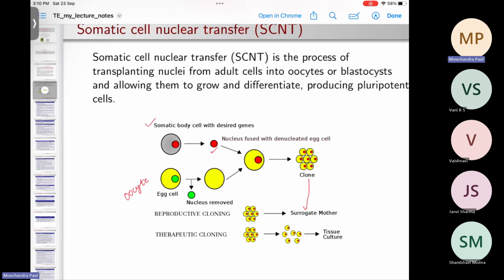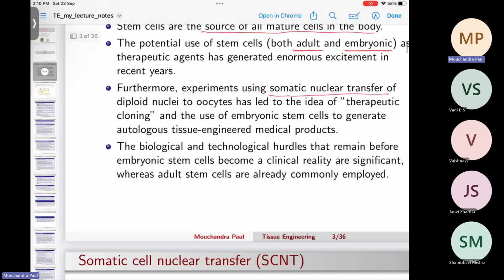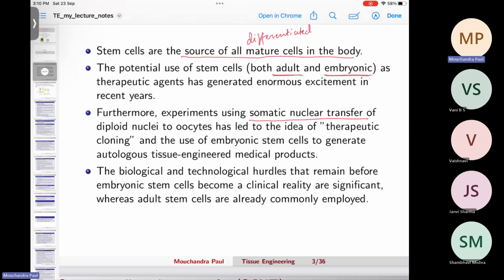So this process is called somatic cell nuclear transfer, and in this way we can produce a large number of pluripotent cells, means cells that can grow and differentiate along multiple cellular lineages. So this is a technology that has developed to create cells with pluripotency.